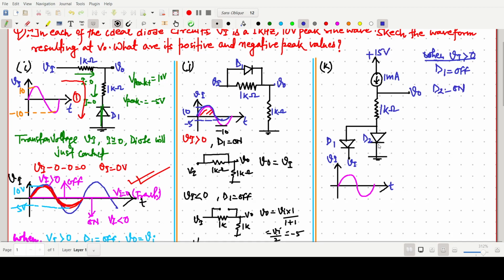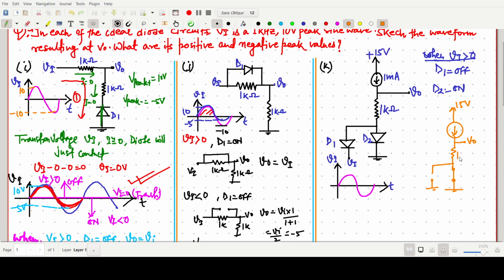It is connected negative, so D2 is in the on state. So the circuit in this case will be, how will we make it? This should be shorted, and this will be the open circuit.